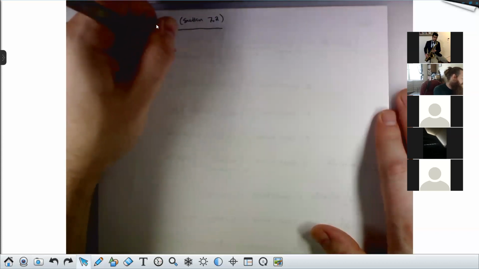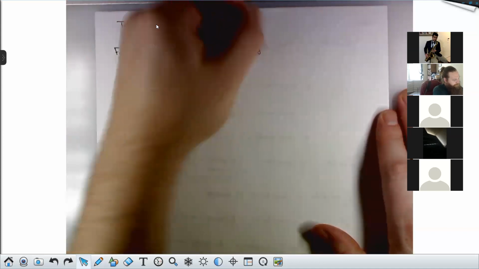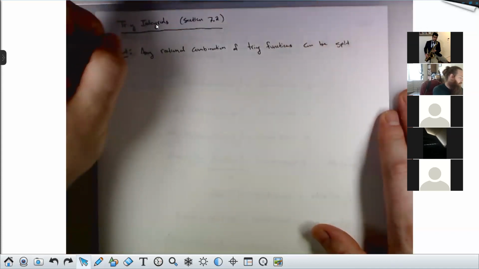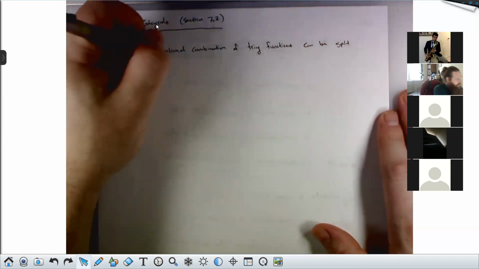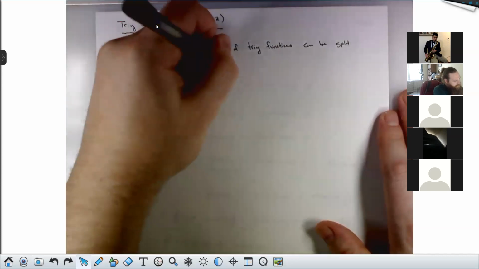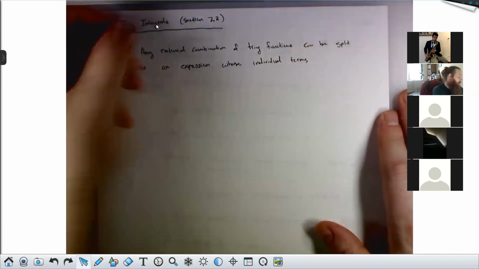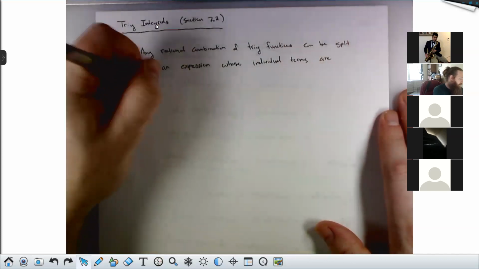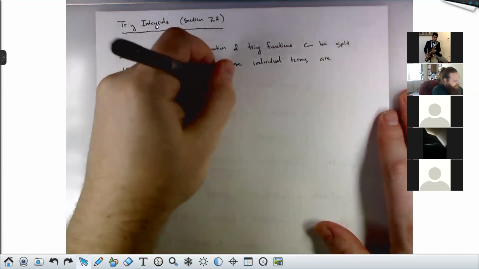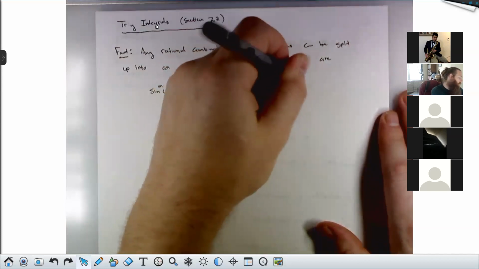Any rational combination of trig functions can be split up into an expression whose individual terms are like some power of sine times some power of cosine, and/or some power of secant times some power of tangent.